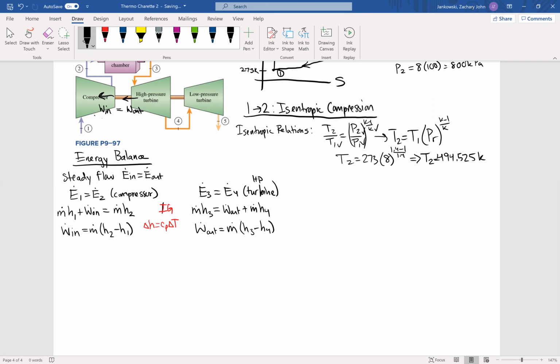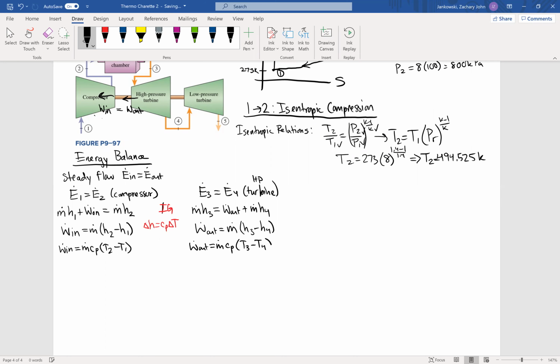Now using this, we can simplify these equations once again to show that our W dot in is equal to our m dot times our specific heat at constant pressure times our T2 minus T1. And the same thing on the other side is that our W dot out is equal to our m dot times Cp times T3 minus T4.